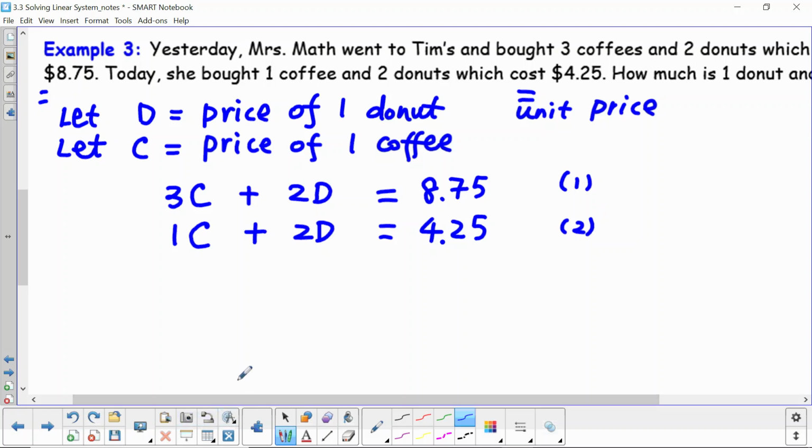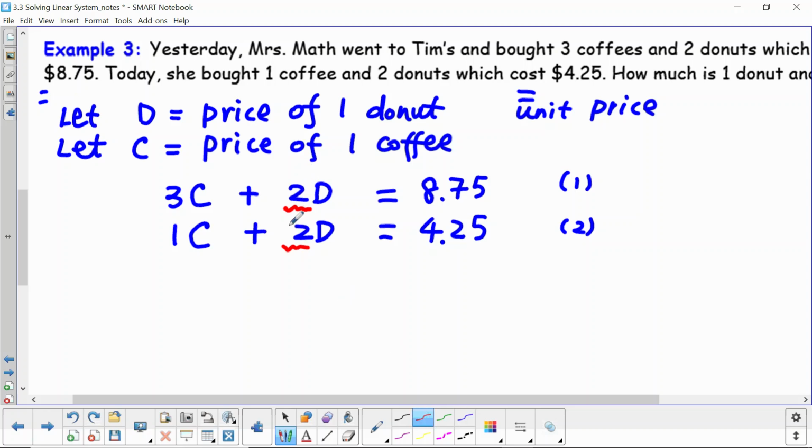And for this linear system, you could use substitution. Then you move the 2D to other side, then you isolate C, then you take the C out, then you have D left. Or we could use elimination, because you see the number at the front of the variable D, they are same.